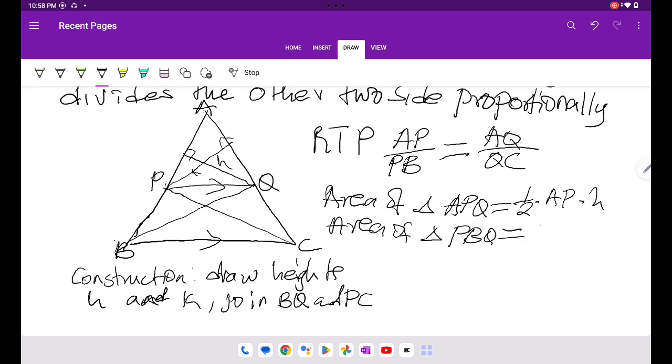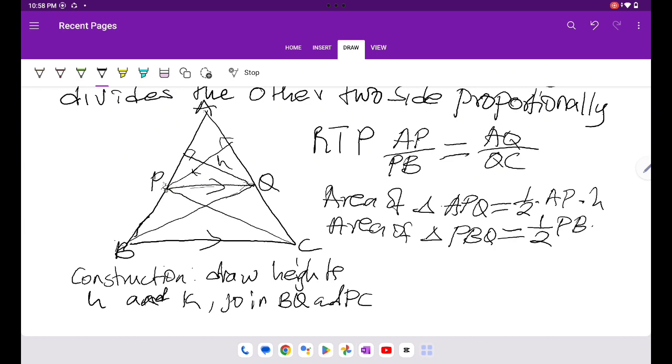So this will be half, and then PB is our base. We realize that PBQ is an obtuse angled triangle, so we are going to construct a height for this one. Remember, we said that when we construct a height for this one, we must extend the base to the obtuse angle.